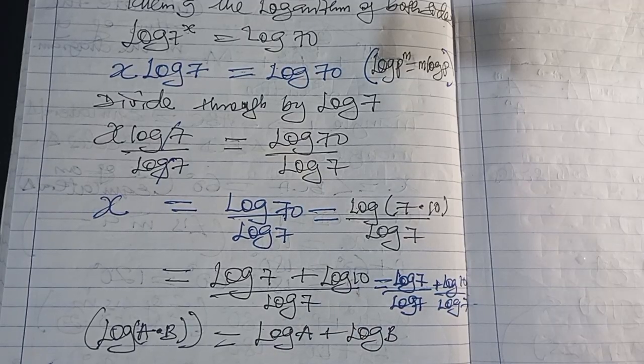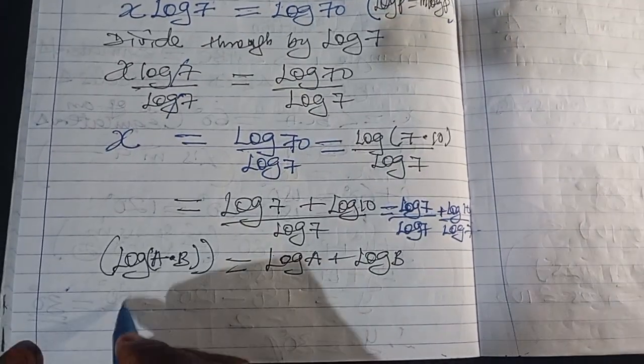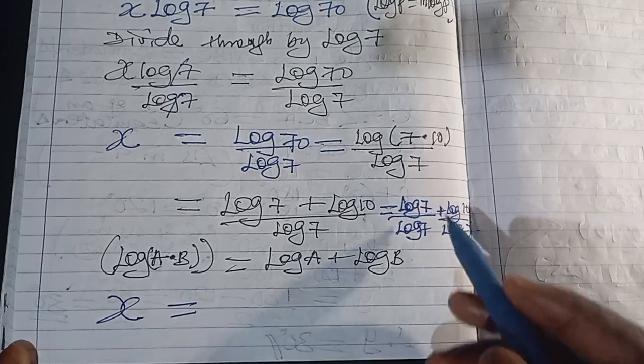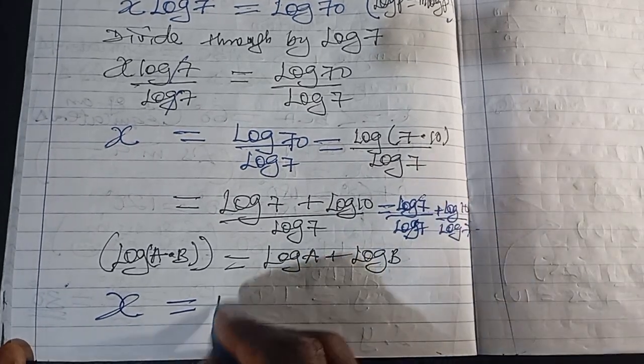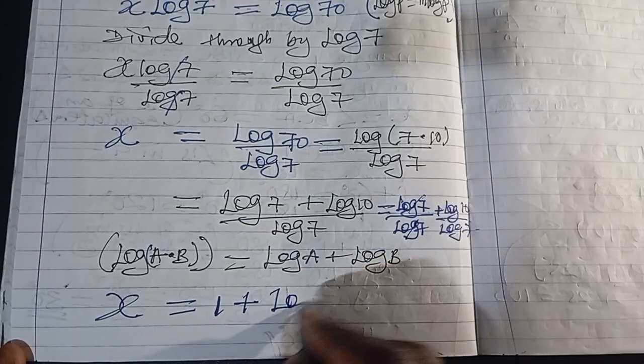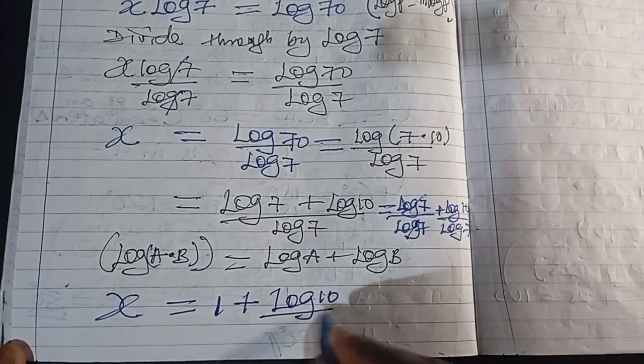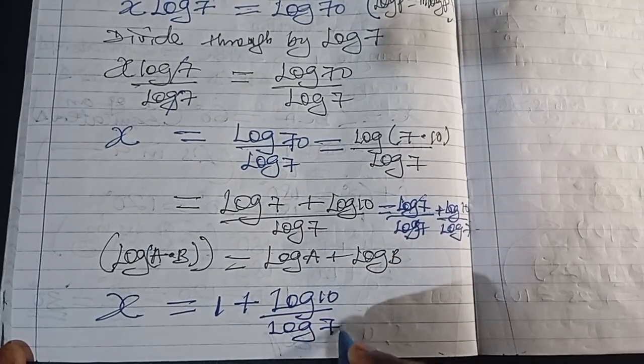So we have x is equal to, here log 7 can cancel log 7. We have 1. So I have 1 plus log 10 divided by log 7.